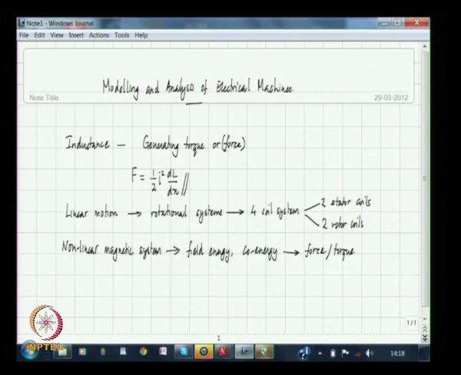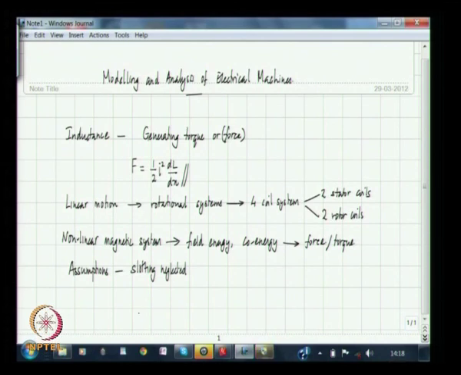So in the subsequent analysis we had done, the assumptions that we made were that slotting was neglected, the effects of slotting in the stator is neglected, or in the rotor for that matter if you are going to consider inverted machines, and then iron losses are neglected, and then saturation was neglected.